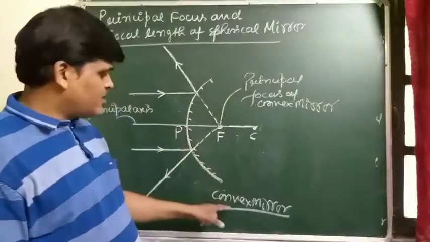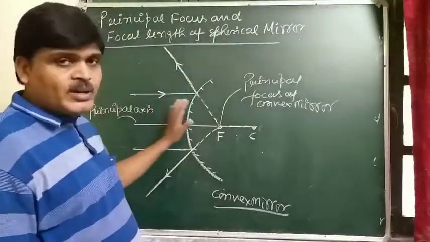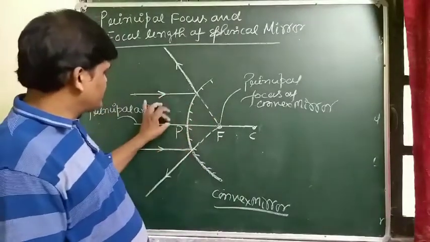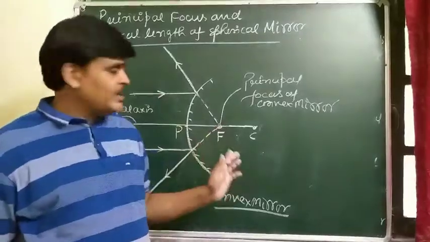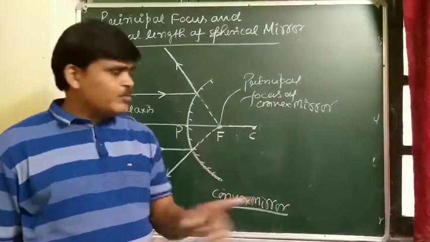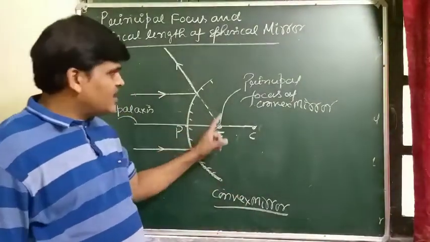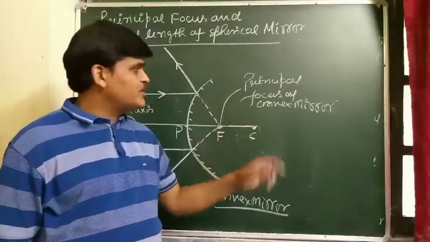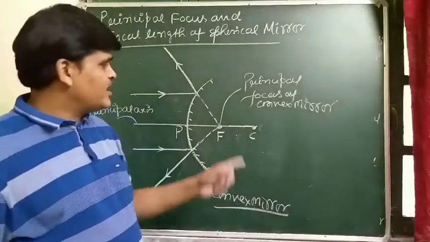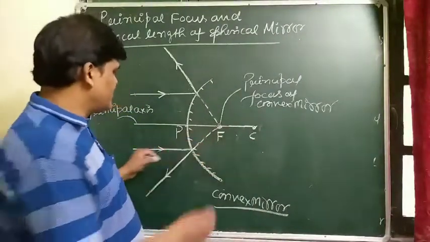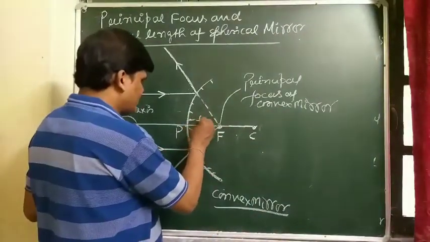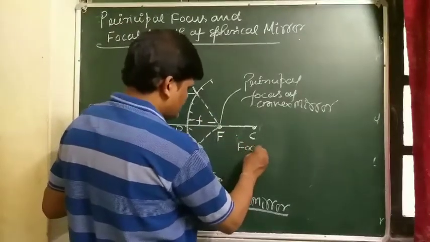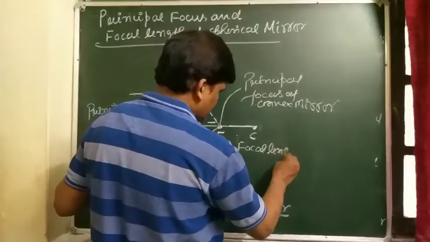And in case of a convex mirror, when a ray applied parallel to the principal axis, after reflection, they appear to meet at a point on the principal axis, and this point is known as the principal focus of a convex mirror, and it is on the right side of the mirror.